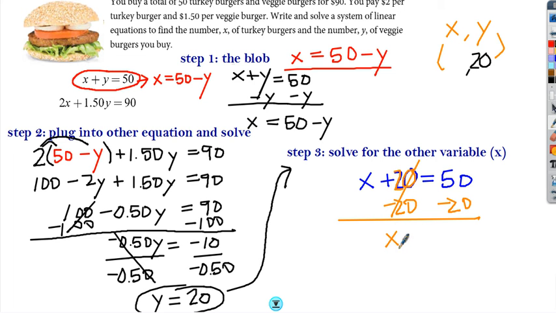Then x is equal to 50 minus 20, which is 30. So we found that x is 30. And our answer for step 4, this here is step 4, is that the ordered pair, or our solution, is (30, 20).